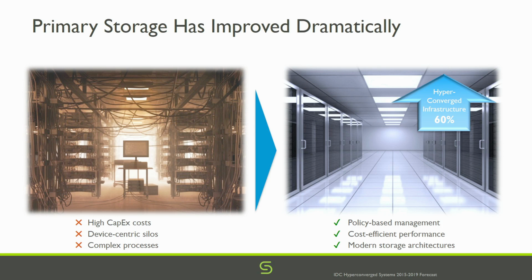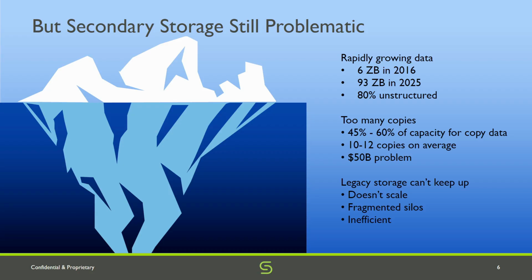But what has not been invested in much is secondary storage. This is the way Cohesity looks at the storage landscape, and we think it's a little bit like an iceberg. At the tip of the iceberg, above the surface, you're running your mission-critical systems, your primary storage. Again, this is where there's been a lot of investment and things are going a lot better.